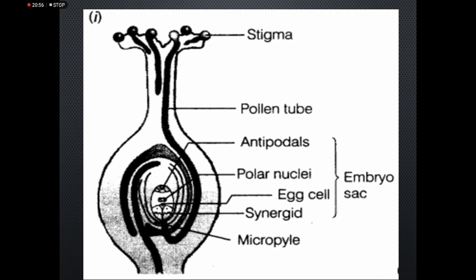Among them, a few germinate, and one of them produces a pollen tube towards the ovule, through the micropylar end. That is, this pollen tube moves through the style and reaches the micropylar end, bursts one of the synergids and releases the two male gametes into the embryo sac.